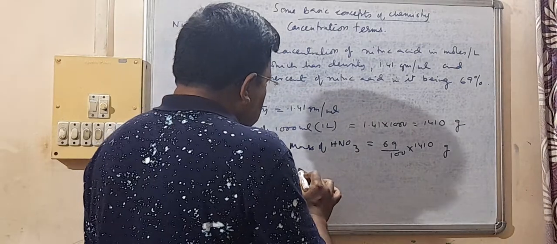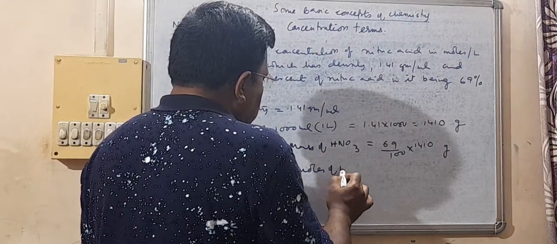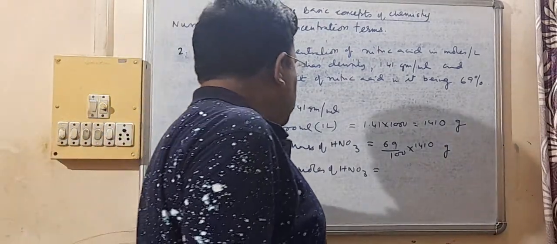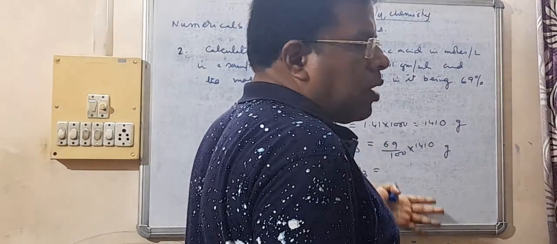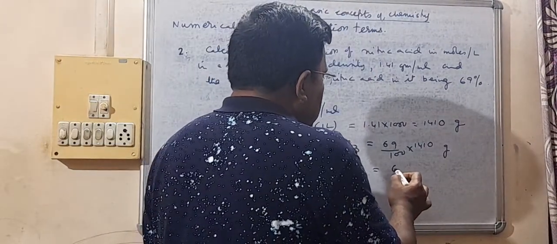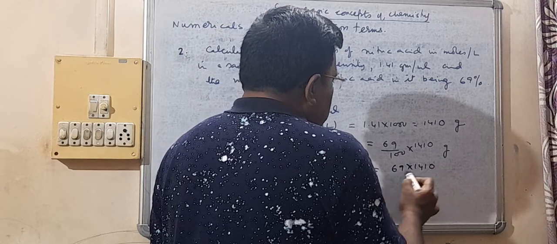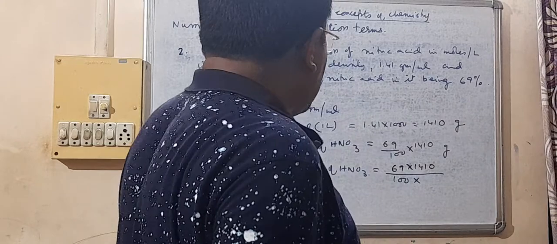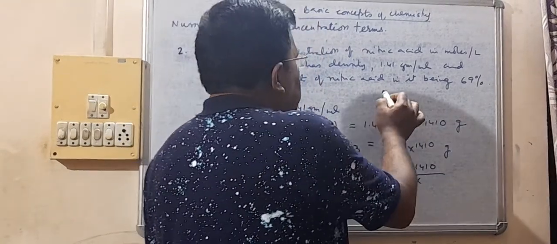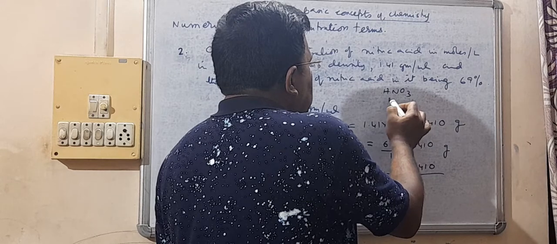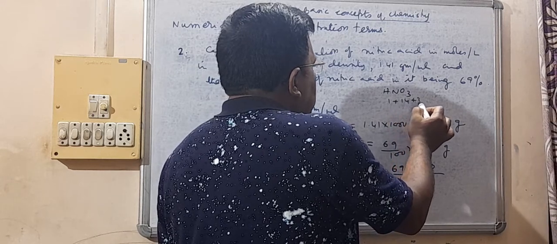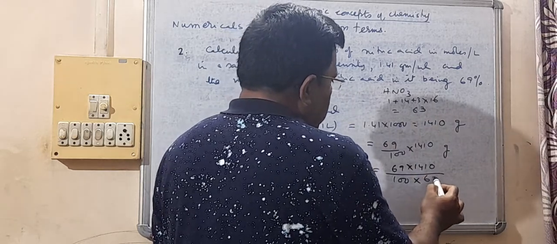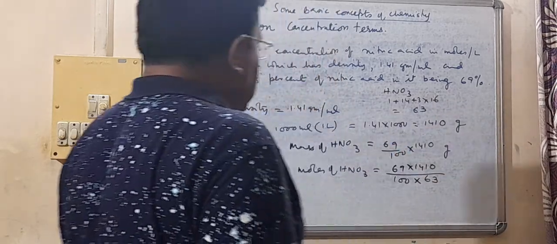And now moles of nitric acid. To find moles, given mass has to be divided by molar mass. So 69 into 1410 by 100 by molar mass of nitric acid. Molar mass of nitric acid, if you calculate, it will come out to be 63. So divide by 63. So this is the moles of nitric acid.